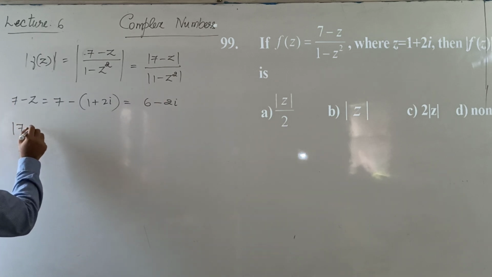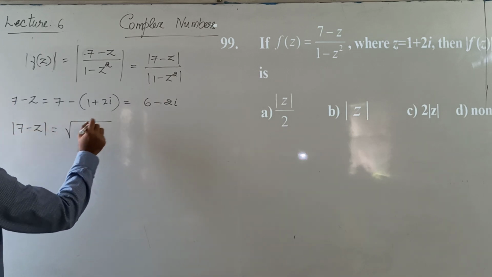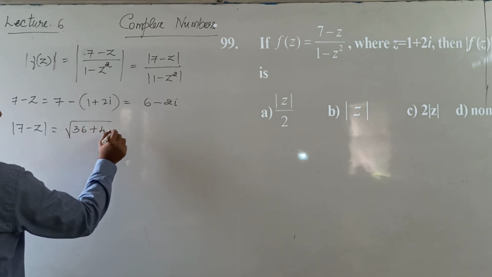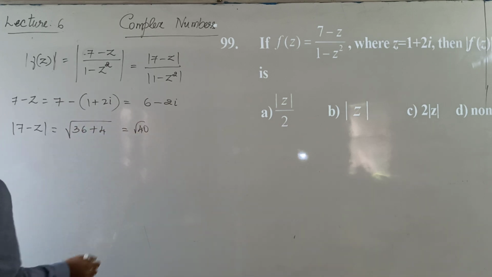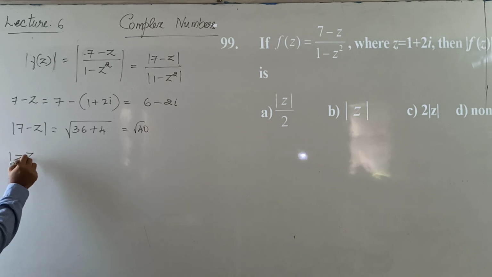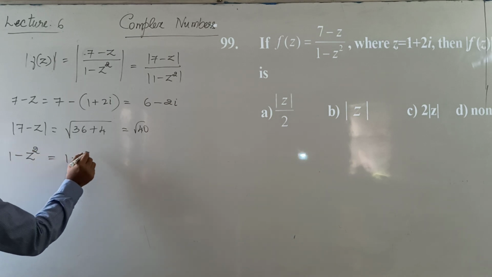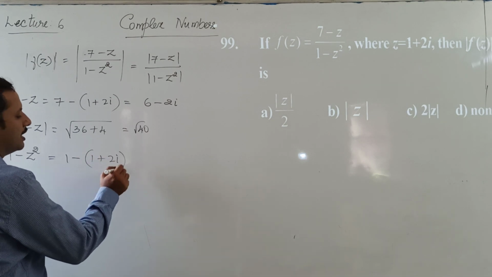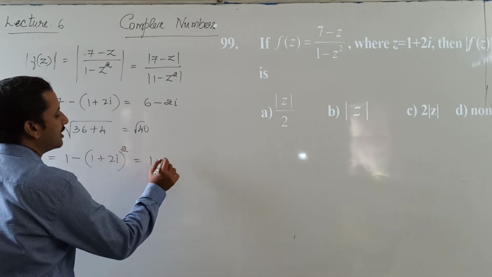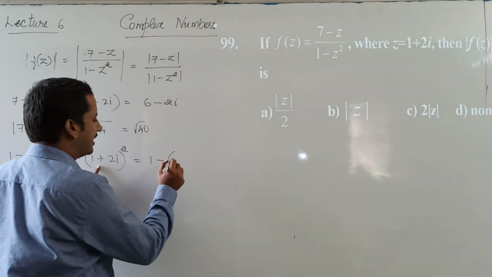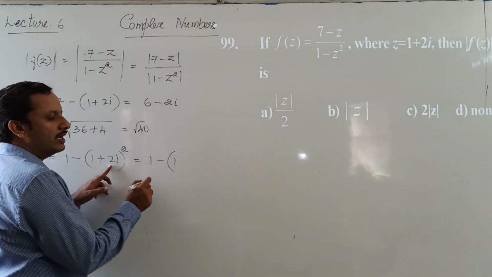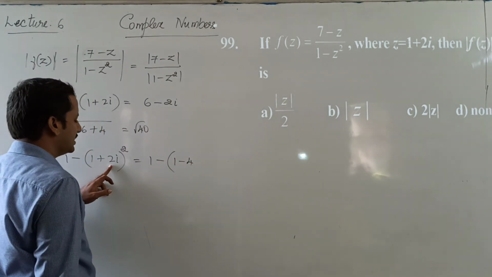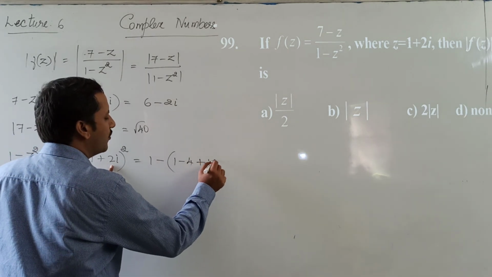Then modulus of 7 minus z is equal to root of 36 plus 4, root 40. Then I want 1 minus z square. Z is 1 plus 2i whole square. That's equal to 1 minus the expansion of 1 plus 2i whole square, which will be minus 3 plus 4i.